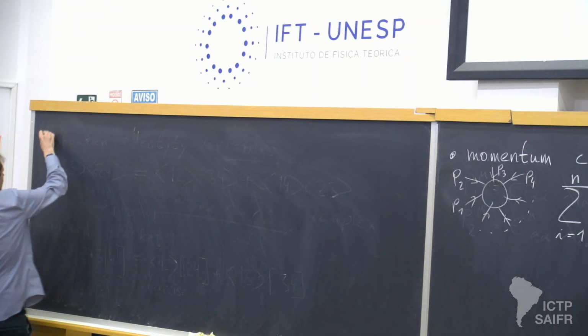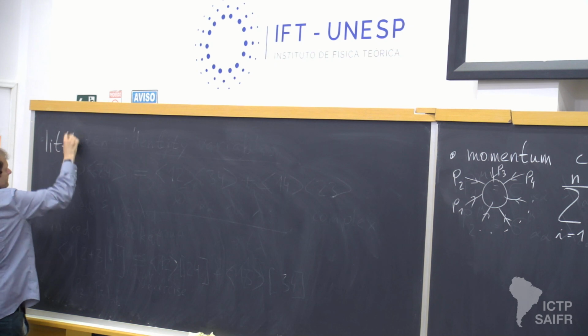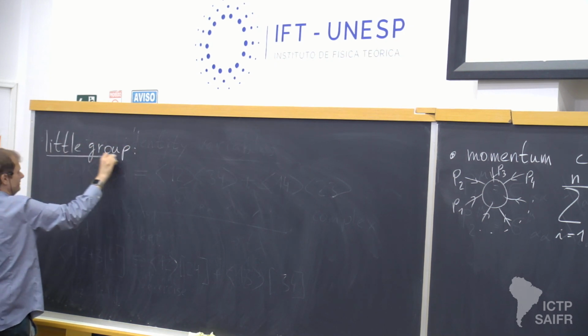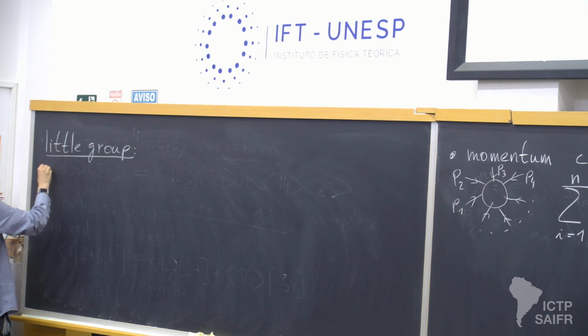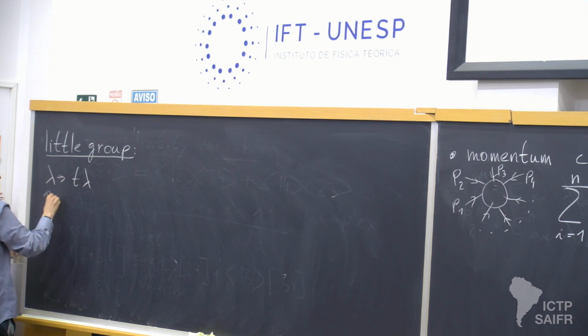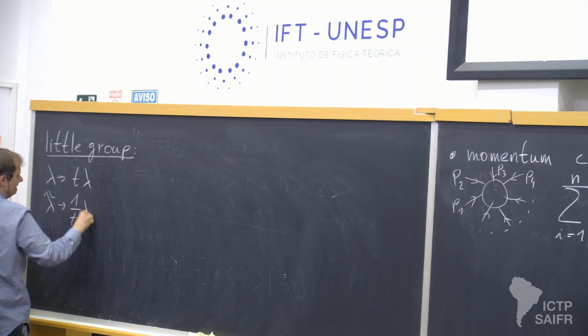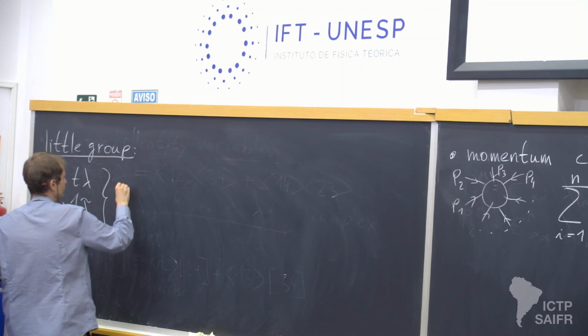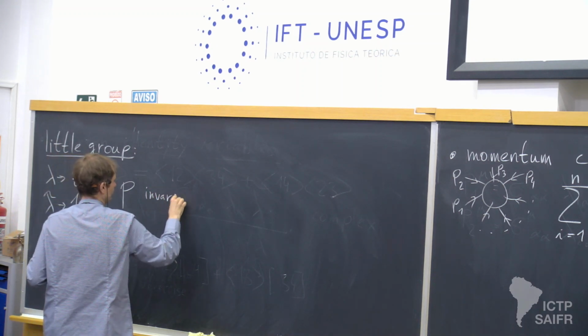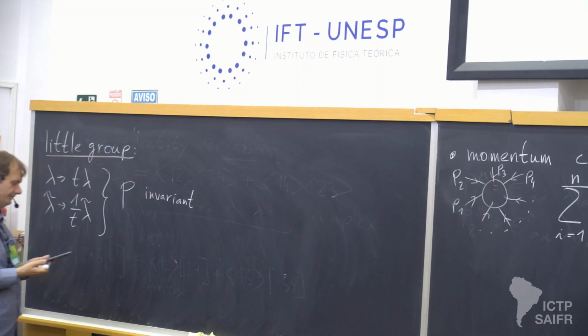So, just a recap: for lambda going to t lambda and lambda tilde going to 1 over t lambda tilde, the momentum stayed invariant because the product of lambda lambda tilde was invariant.